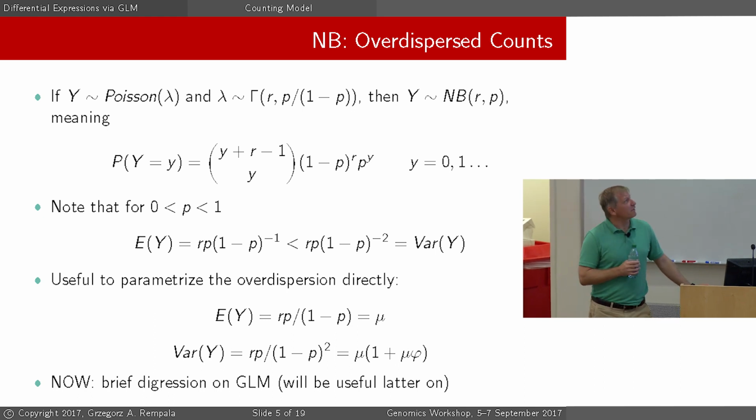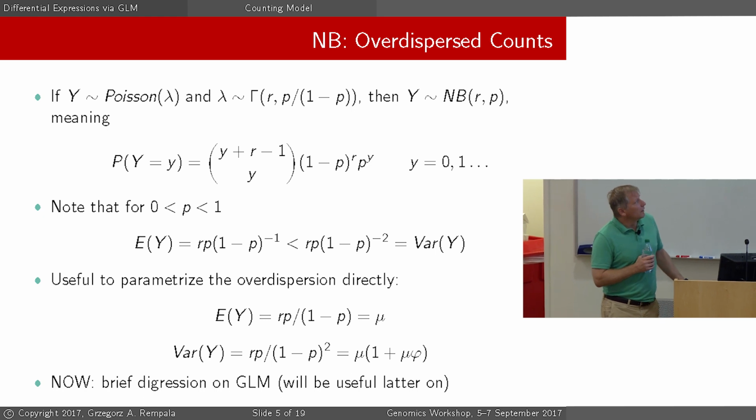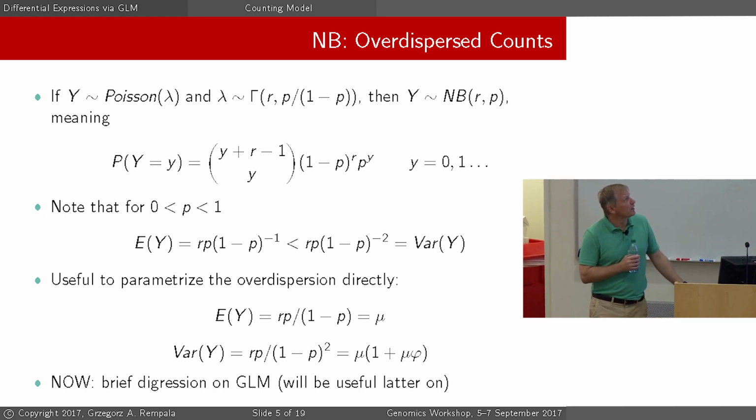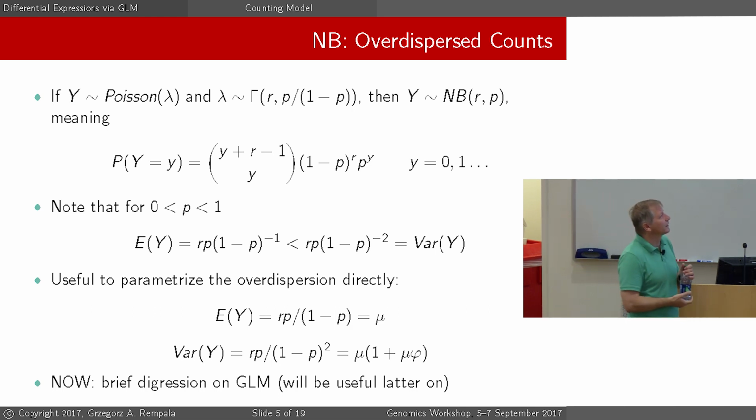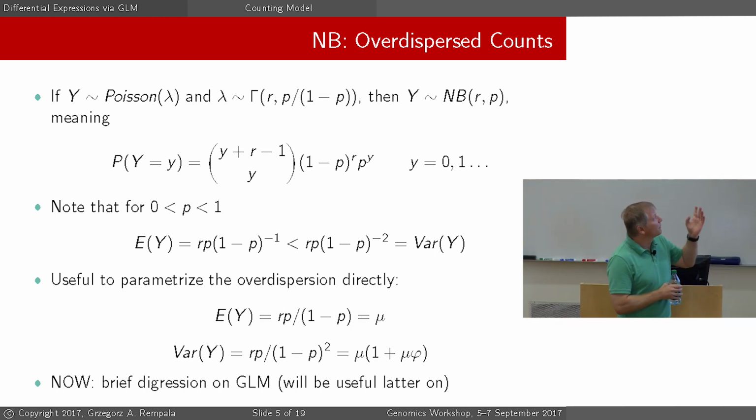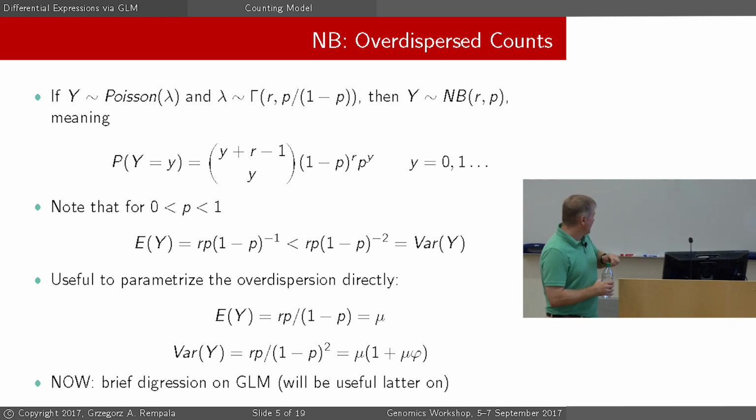It itself comes from another probability distribution that I will call gamma. This is a distribution only for non-negative numbers, a unimodal distribution that can have different shapes. It has two parameters, R and P.